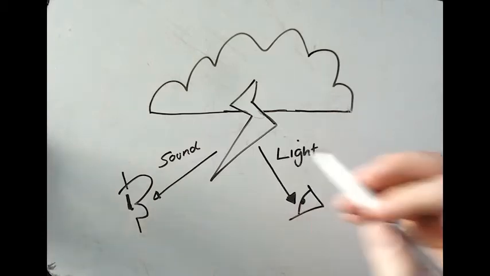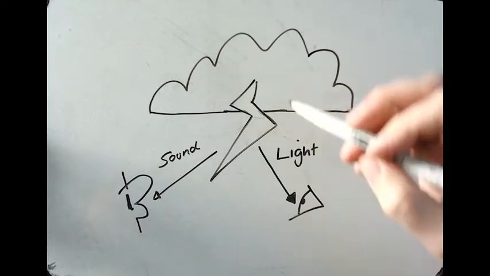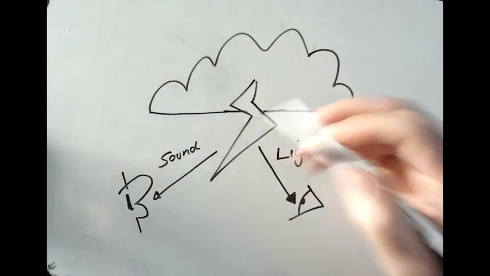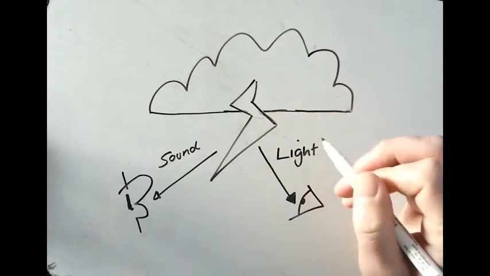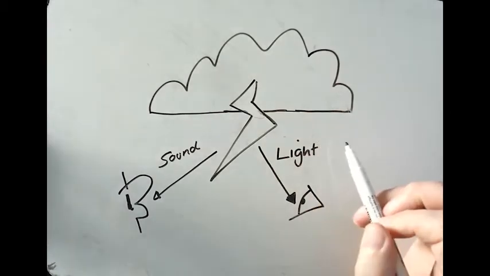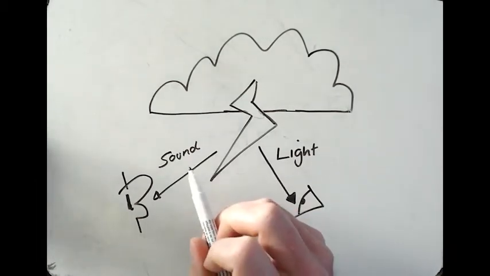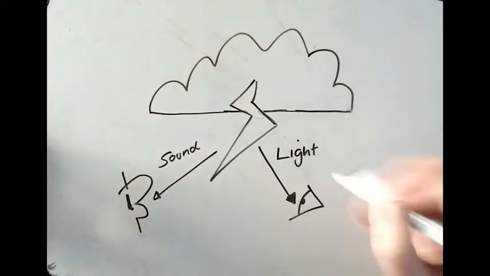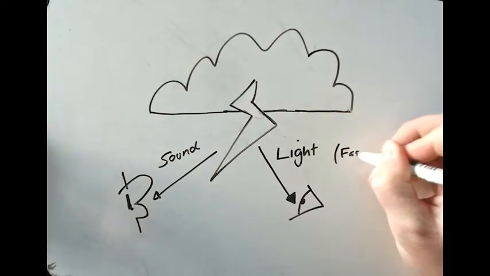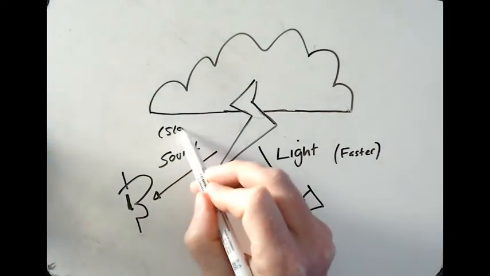When you're a fair distance away, you will see it first, because light waves travel a lot faster than sound waves. After a couple of seconds, you'll then hear the thunder roar, because the sound waves travel slower. So the light is traveling faster, and the sound is traveling slower.